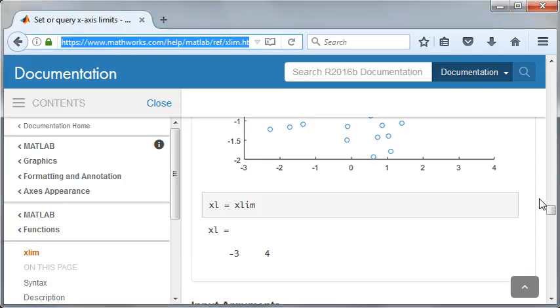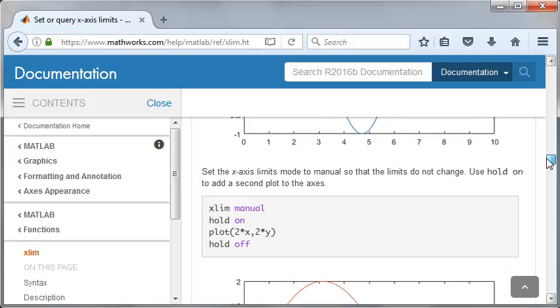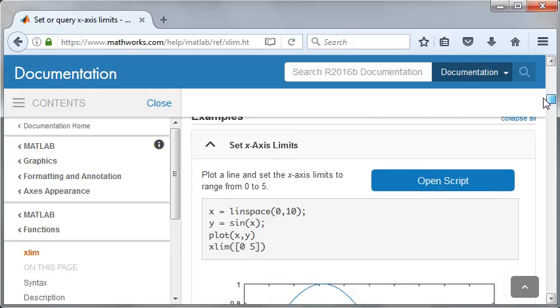Now I want to set the limits. Set x-axis limits. So this looks like how you do it. Xlim, and then an array with the first element being the bottom and the second element being the top.